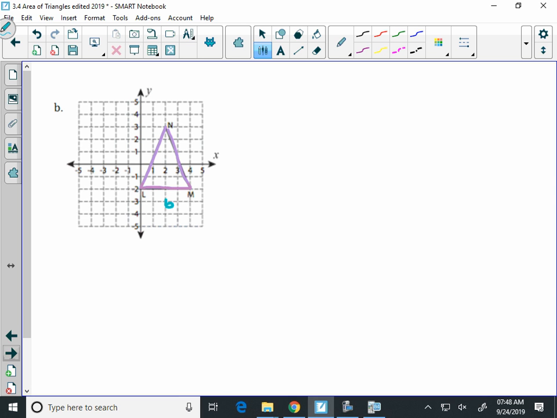So identify your base first, and go to that vertex opposite of your base, and drop straight down. That is your height. Okay? So go to your base, go to the vertex opposite of your base, and go straight down. That's your height. So when we're trying to find the area, area equals 1/2 base times height.